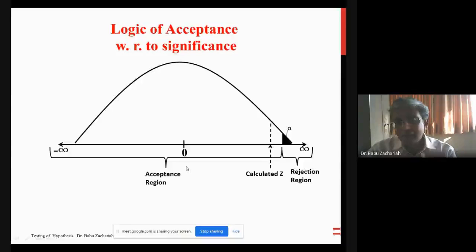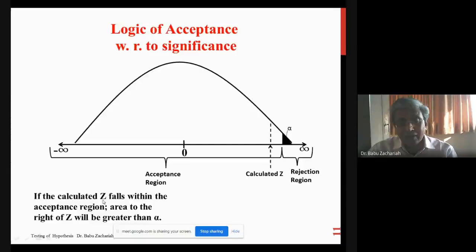But here, the procedure is slightly different. See, if it falls here, the area to its right we will consider. Say, if the calculated Z falls within the acceptance region, the area to the right of Z will be greater than alpha, meaning this region. See that yellow shading.